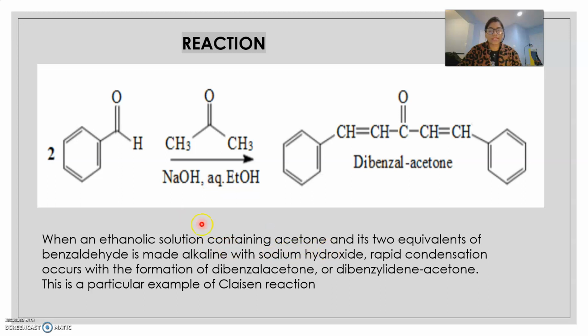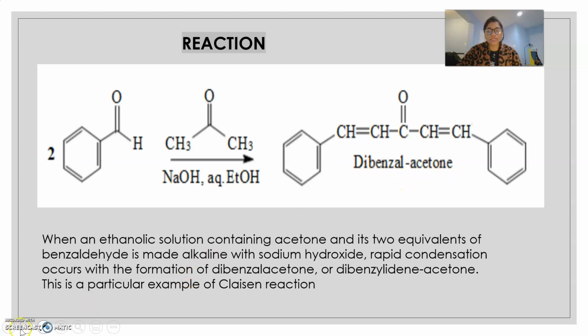For the alkaline we are going to add sodium hydroxide, and this reaction will take place, with rapid condensation. We get a rapid, instant result by this, and then we have to keep it for the formation of the crystals. So we are going to get dibenzyl acetone.